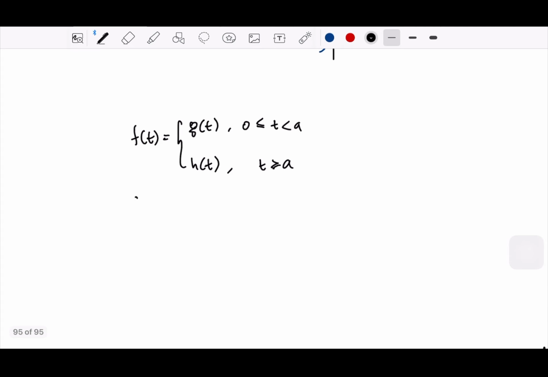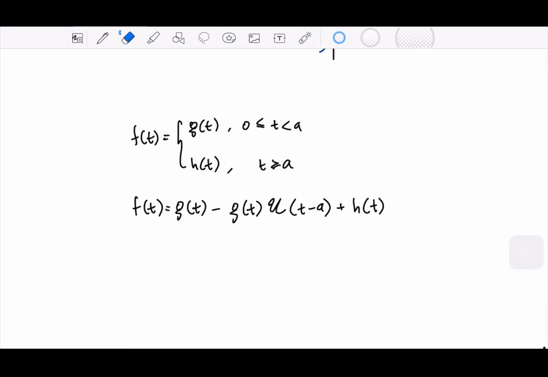We could write f of t as g of t minus g of t multiplied with the unit step function t minus a, plus h of t multiplied with the unit step function t minus a. I hope you get the idea.